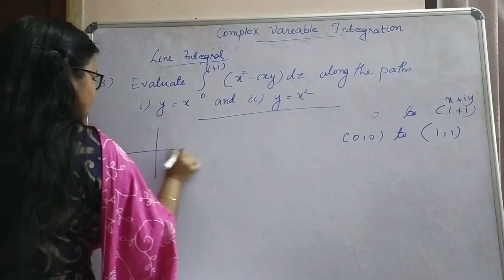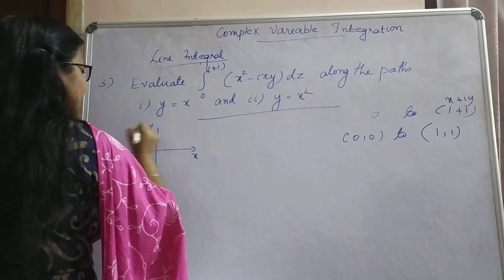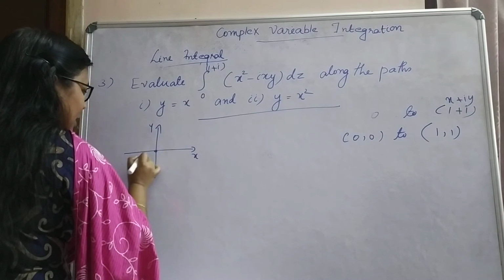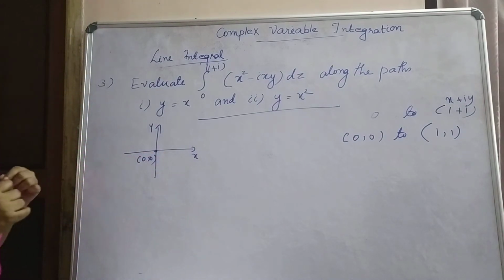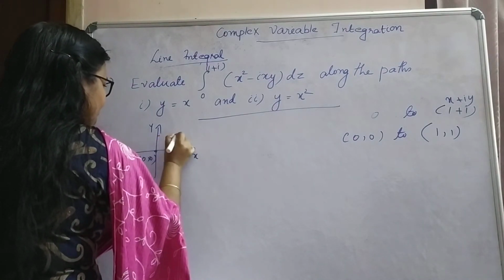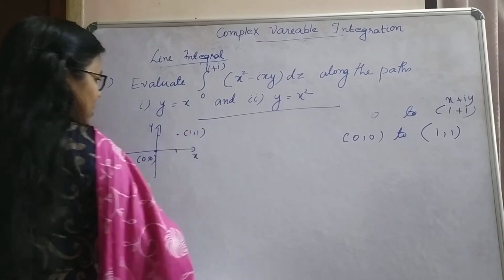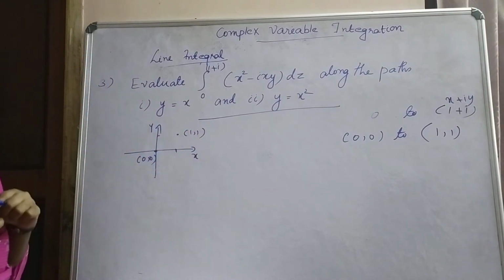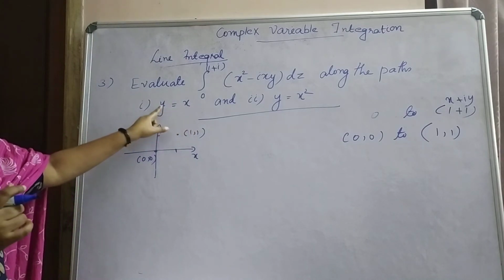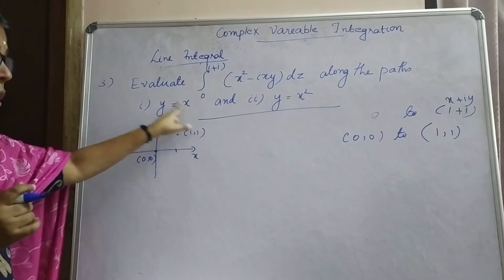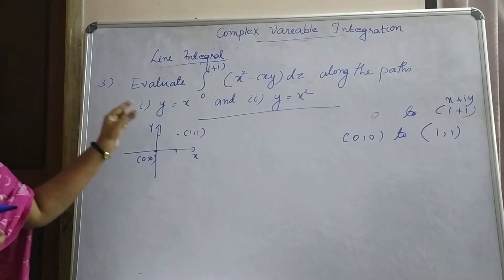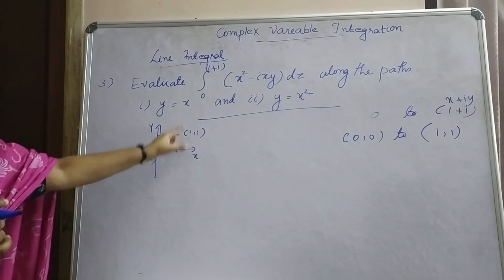Here is the x-axis, then the y-axis. 0 to 1, 1 means 0 is the origin, then the point 1, 1. y equal to x is a straight line passing through 0, 0, 1, 1, 2, 2, 3, 3, etc.